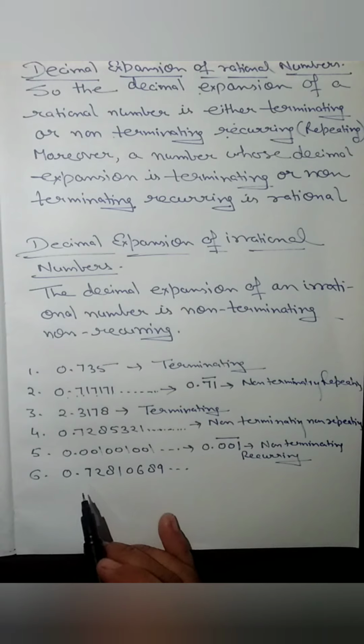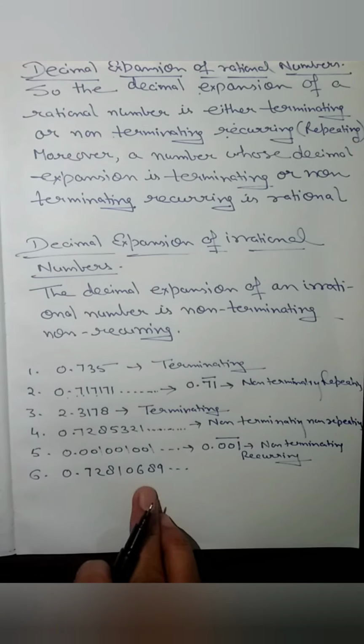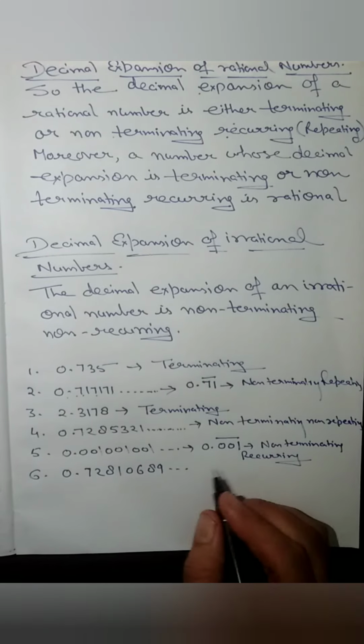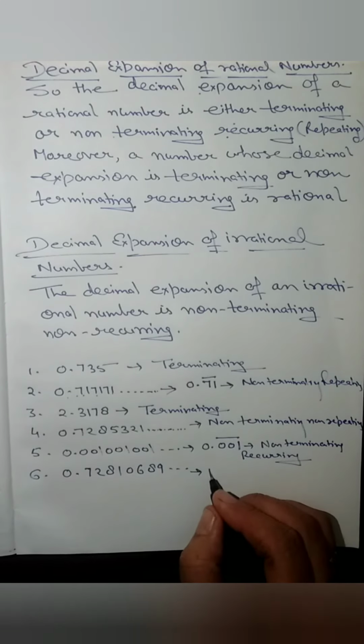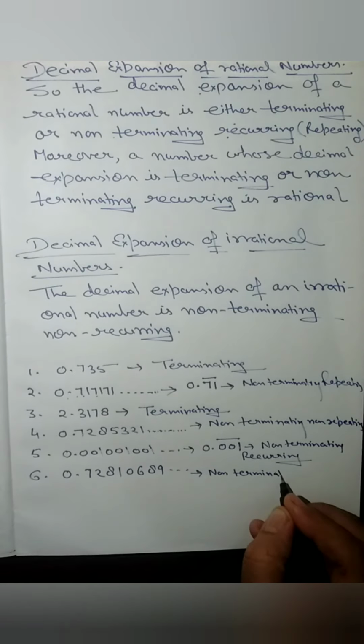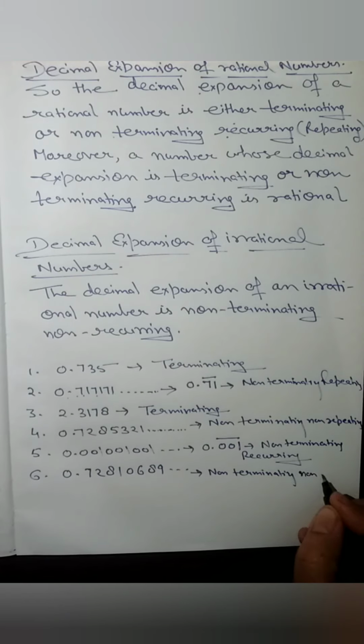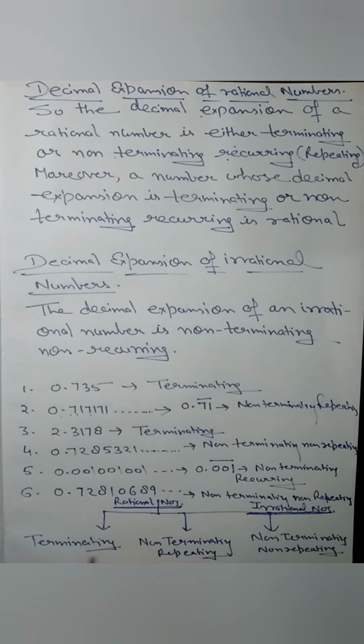And in the same way, in the last one, neither digits are terminating nor non-terminating repeating. It means this decimal expansion is non-terminating, non-repeating decimal expansion.